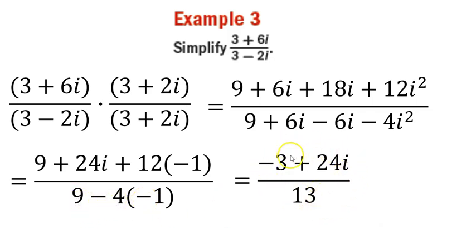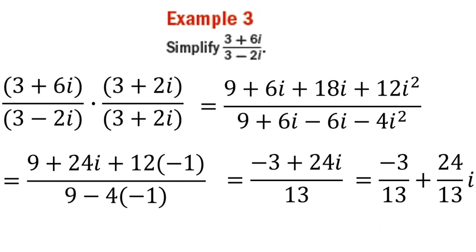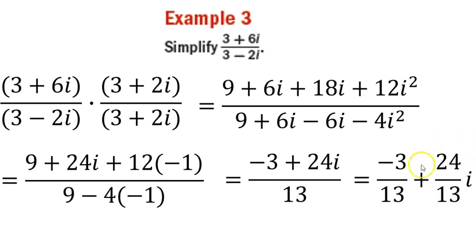So now we have this expression, and I'm going to simplify it a little bit more to -3 over 13 plus 24 over 13i. You can't see the i there, it's out of the screen. Let's see if I can move that. Maybe you can see it now. So we have -3 over 13 plus 24 over 13i.